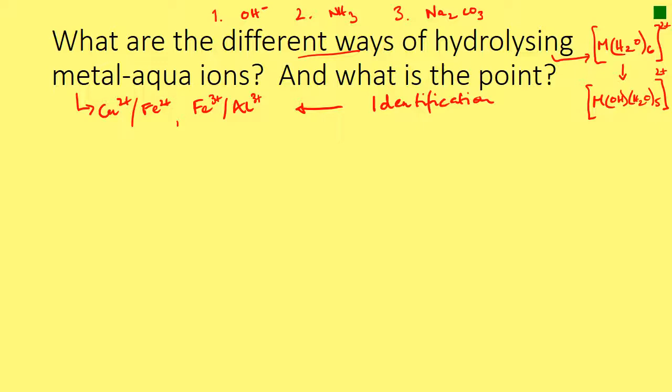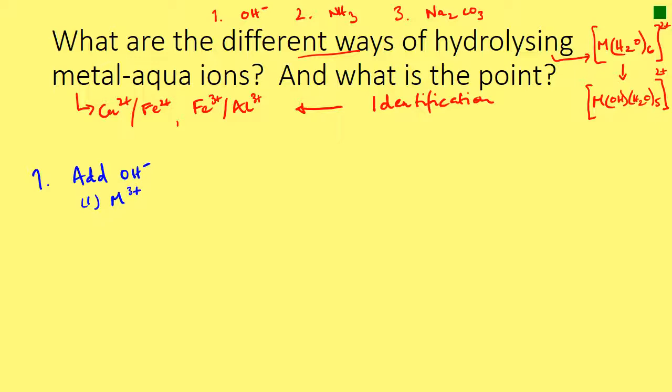So let's delve into a bit more detail now. And let's start off with number one. We're going to add hydroxide ions. And let's first of all do it to a metal 3+ ion, so either the Fe3+ or the aluminium 3+.